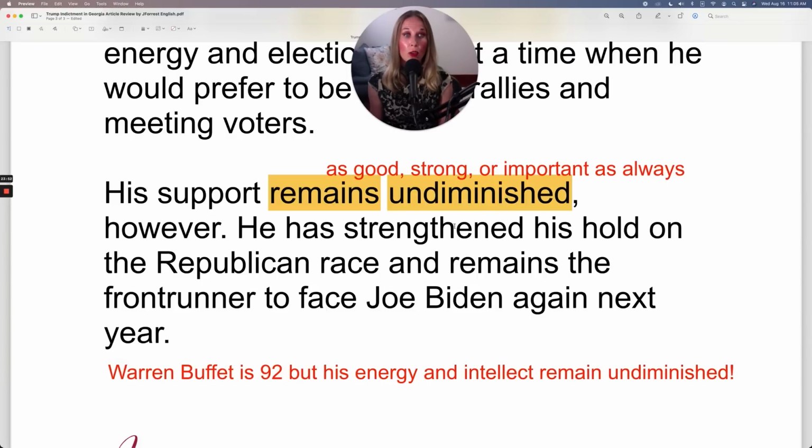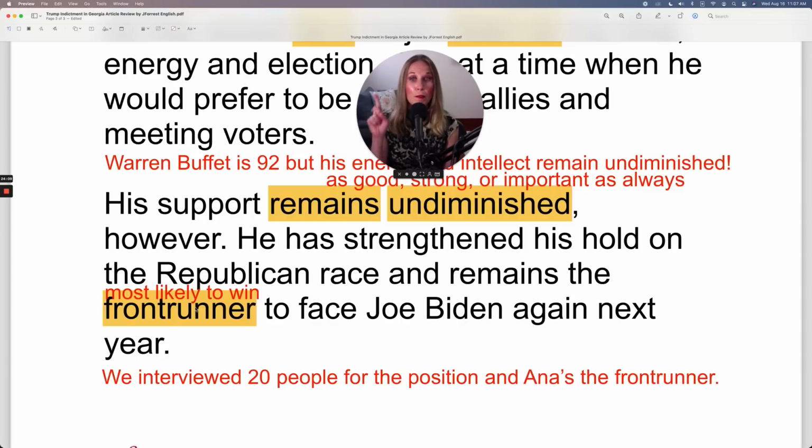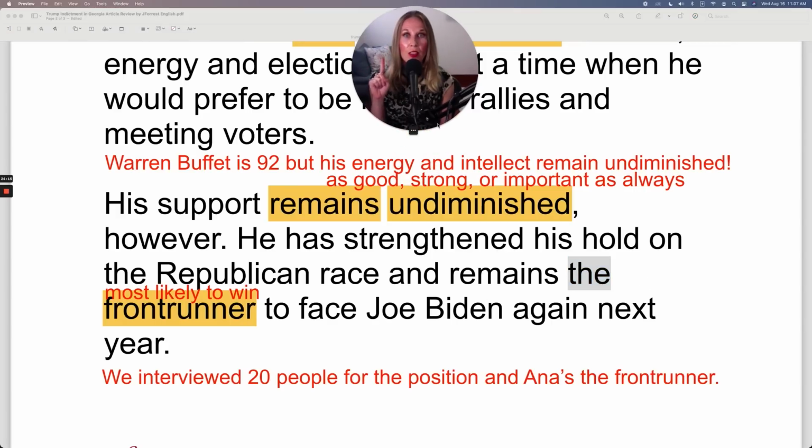He has strengthened his hold on the Republican race and remains the front runner to face Joe Biden again next year. The front runner, so this is a noun, and as a noun, you need an article. The front runner is the one most likely to win. So Donald Trump is the front runner to face Joe Biden.